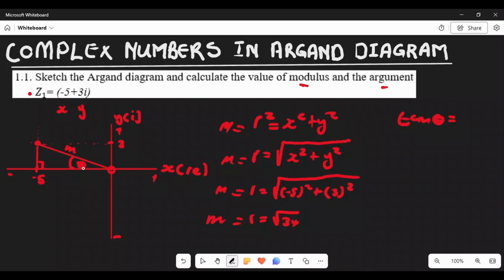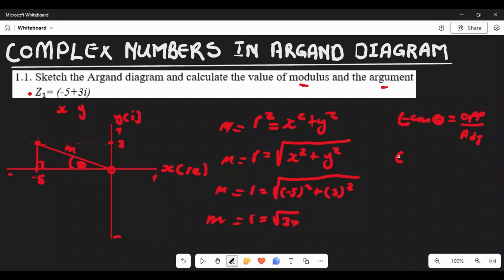So let's look at our theta. We say tan theta. Theta, we know, is opposite over adjacent, right? So what is the opposite of this theta, this side here? We know that this side is going to be 3.